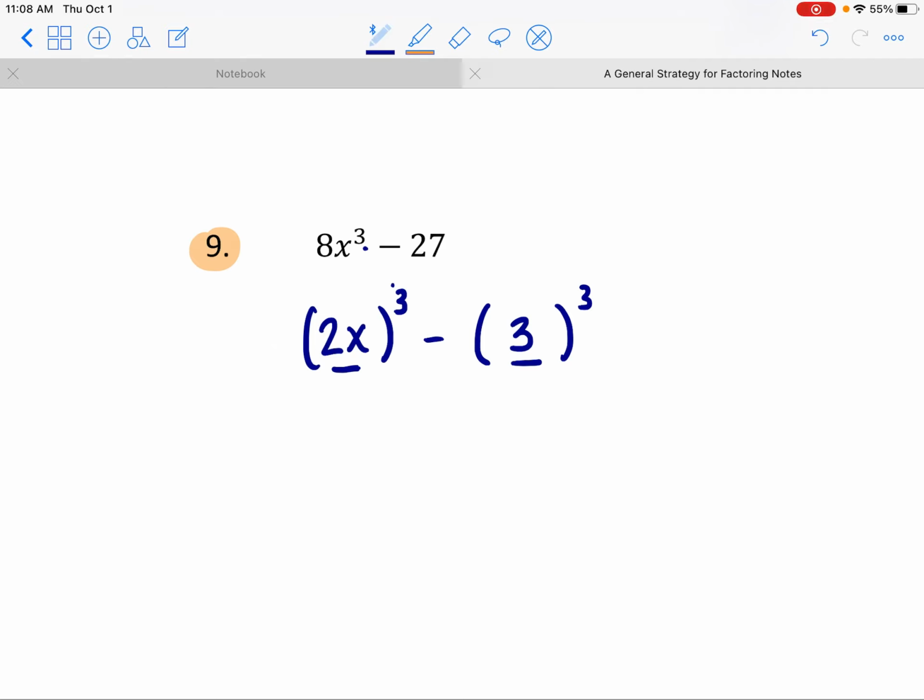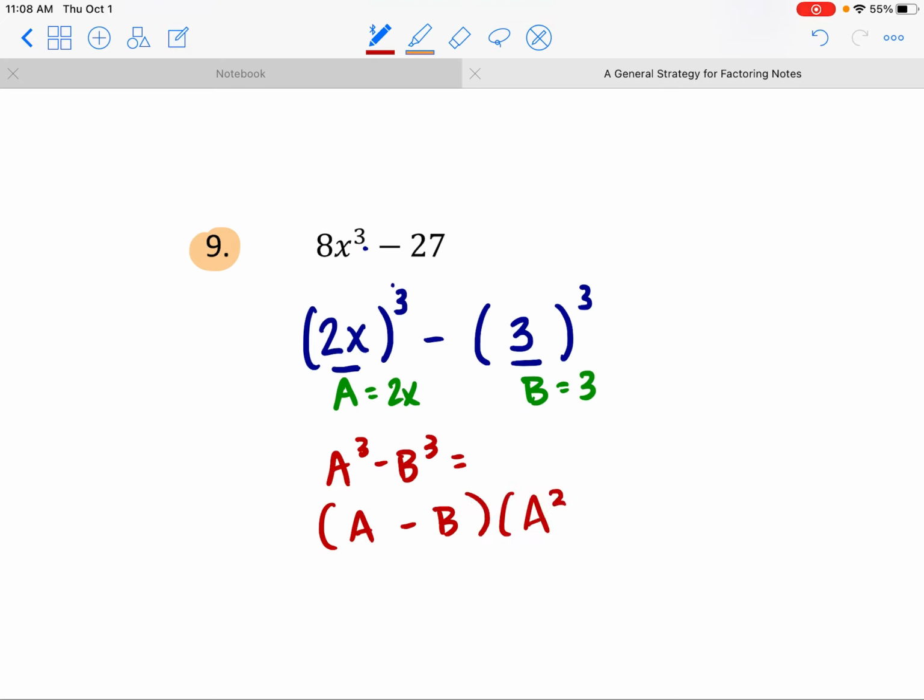The formula says that if we have a, in this case being 2x, and b as 3, that if we have a cubed minus b cubed, it's going to factor into a minus b, and then a squared plus ab plus b squared.